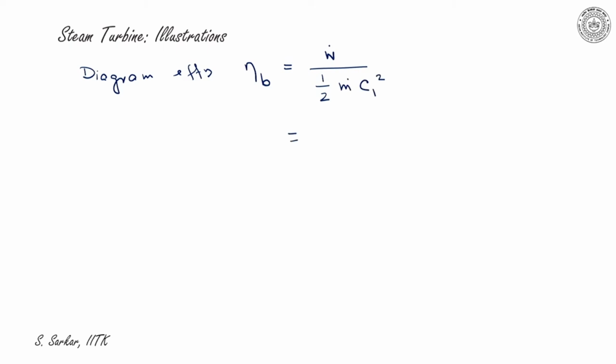That must be equal to 324 divided by half into 0.75, the mass flow rate, into C1 square, that is 1000 squared.